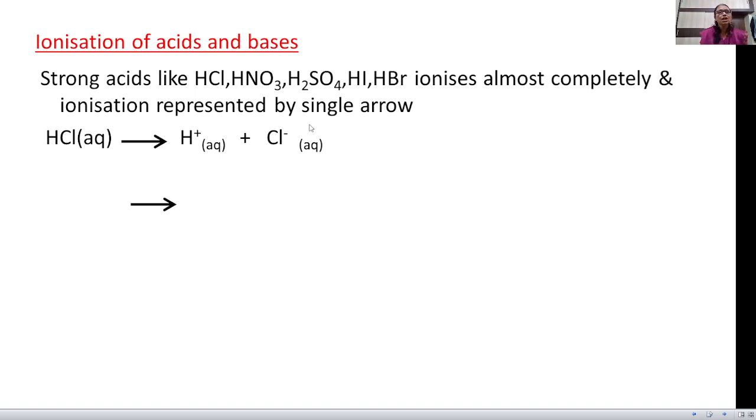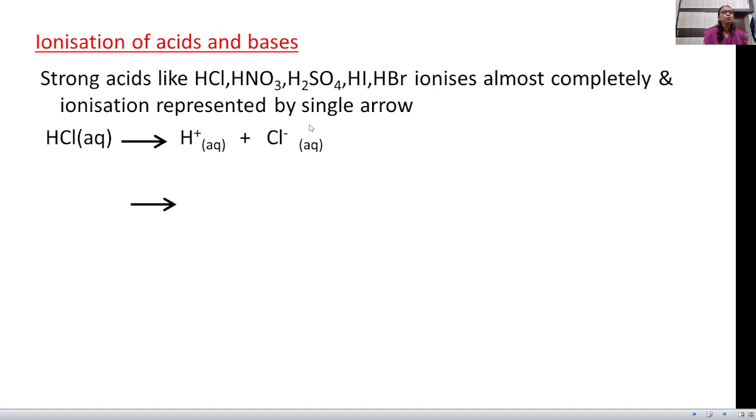HCl, HNO3, HI, HBr are monobasic acids, and hence give only H+ ions in aqueous solution. But H2SO4 is a dibasic acid, and hence in aqueous solution it gives 2 H+ ions.